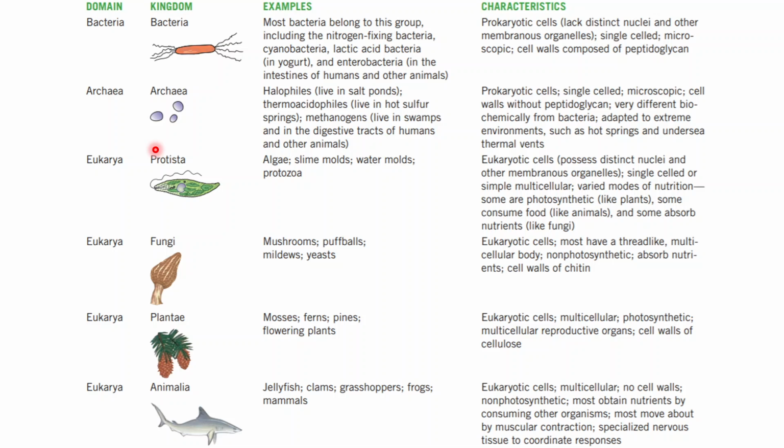In the 1930s, the French biologist Edouard Chatton suggested the term prokaryotic, meaning before nucleus, to describe bacteria and the term eukaryotic, meaning true nucleus, to describe all other cells.